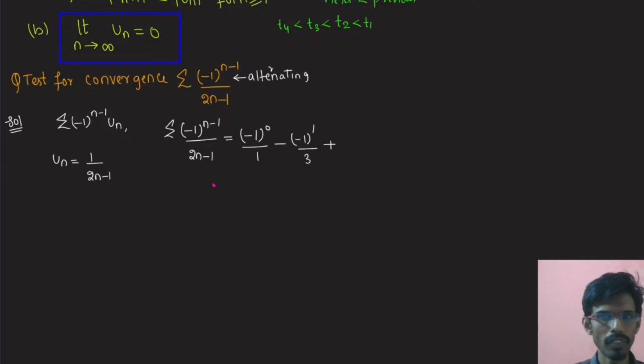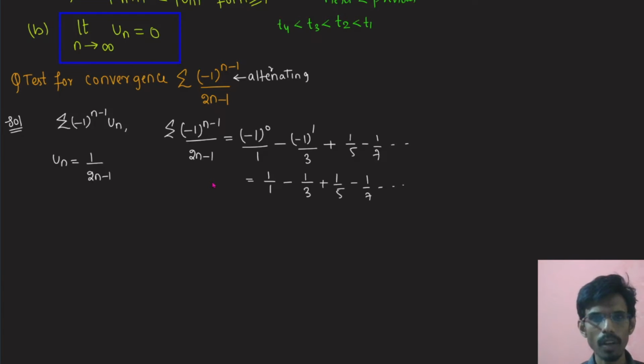Like this we get 1/5, minus 1/7, and so on. That is 1/1 minus 1/3 plus 1/5 minus 1/7 and so on.